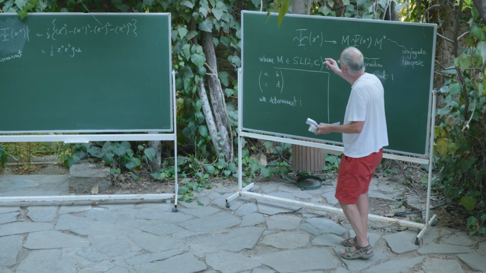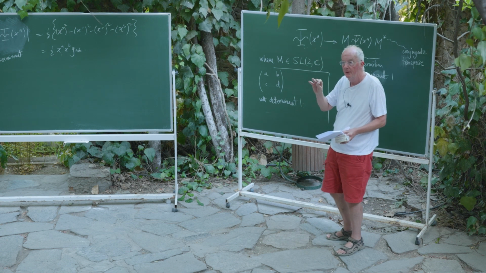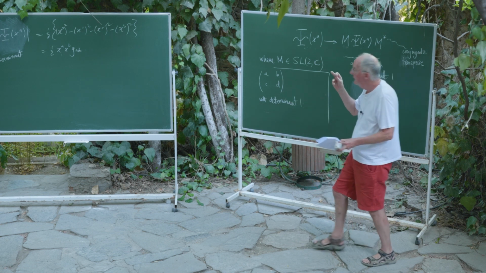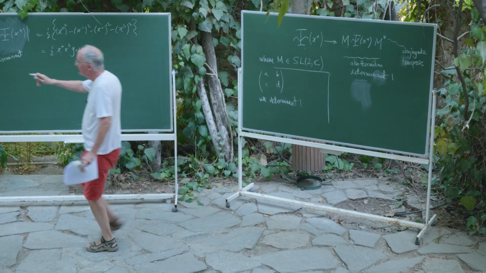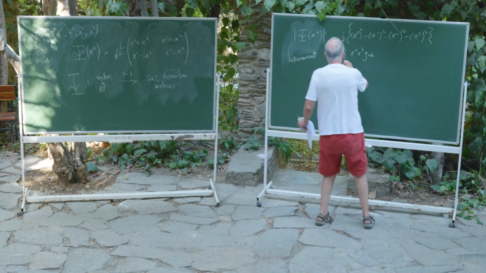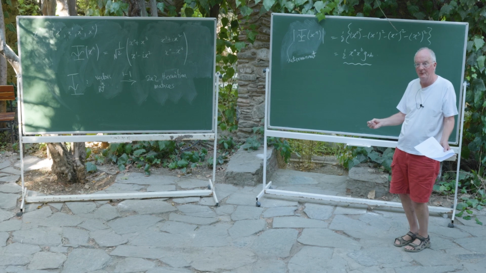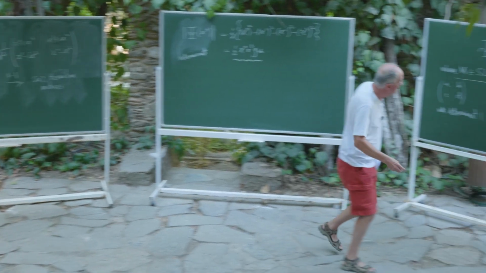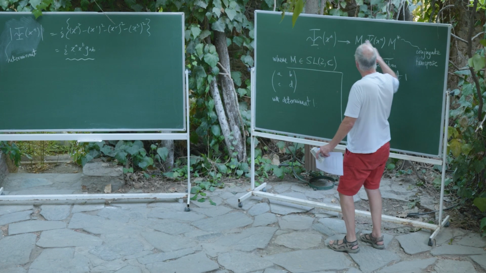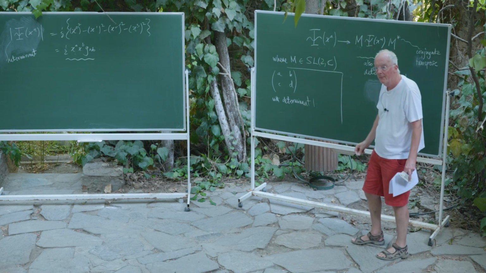So what you've done in effect is a linear transformation of the vectors in space-time, which keeps the determinant of this matrix unchanged, and it therefore keeps this thing unchanged, right? And it's therefore a Lorentz transform, okay? So this operation, choosing a matrix in SL2C and doing this with it, is in effect a Lorentz transform.